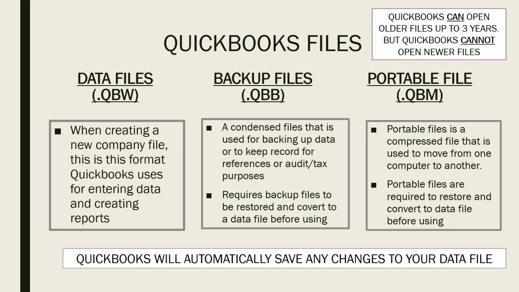And here's also another cool thing too. Your working data files can be updated to the newer program up to 3 years, okay? So for example, if you have a 2018 working data file, you are able to convert it and access it in a 2021 version, right?